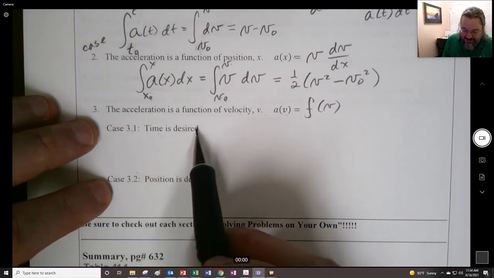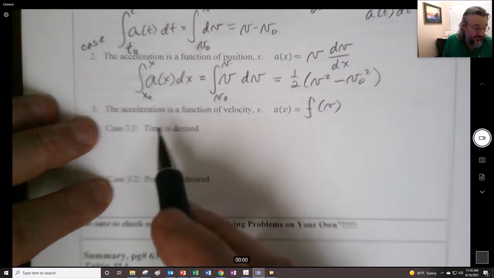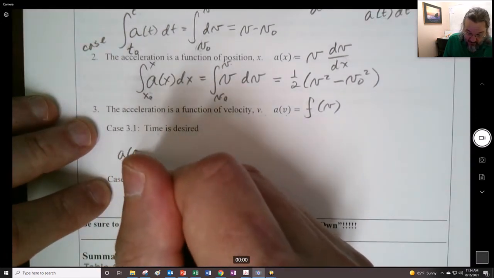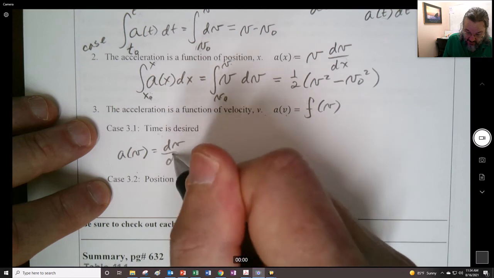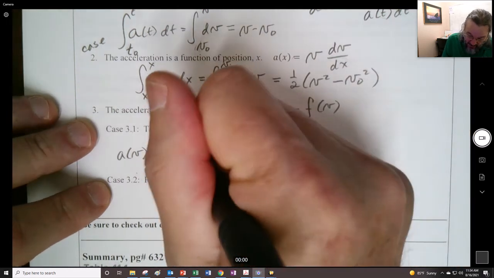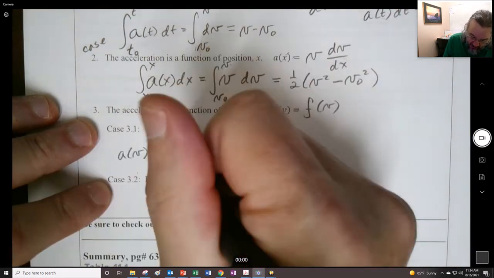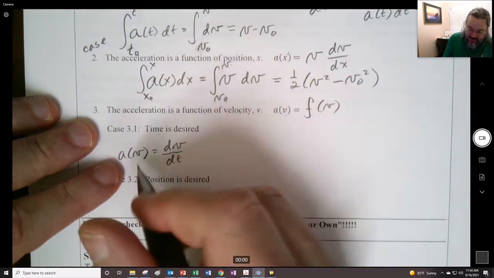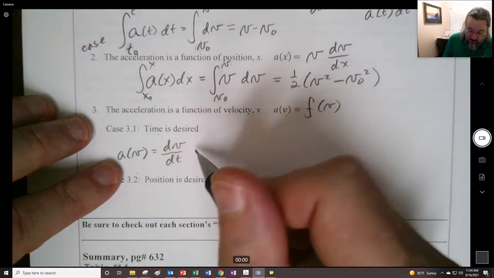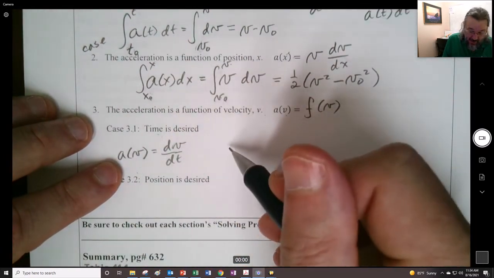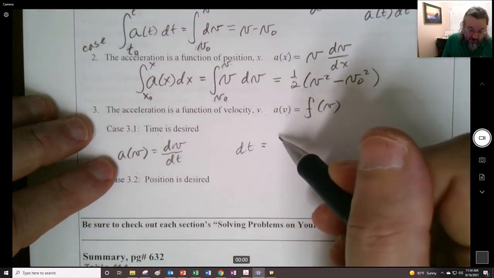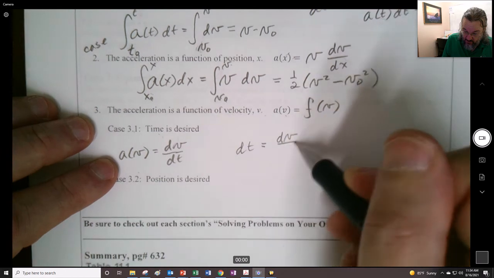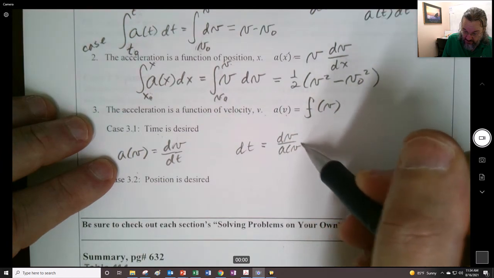Now, if time is the thing that we desire, write out acceleration as a function of velocity, dv/dt. We always want that d whatever to be on the same side. We want to group the thing up. So you can rewrite this as dt is equal to dv over acceleration as a function of v.